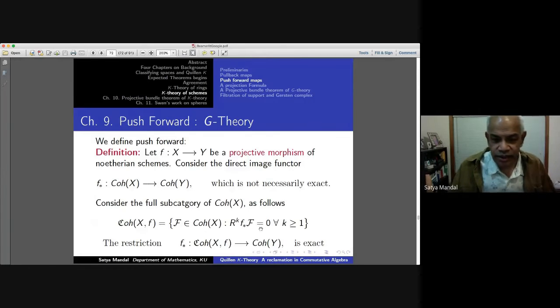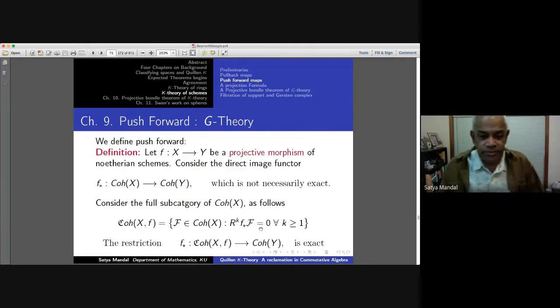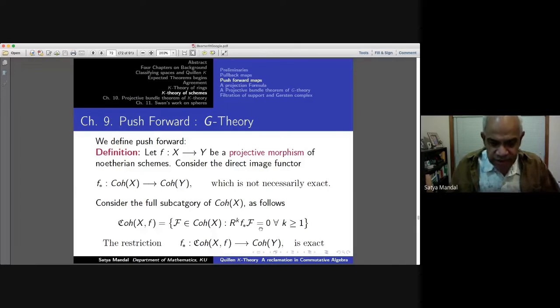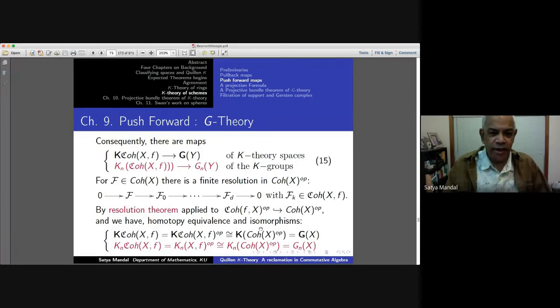I defined a subcategory like last time, and you can check quickly, this is a standard trick, that F star is exact when you restrict the original direct image functor. So I have a map of the K-theory spaces.